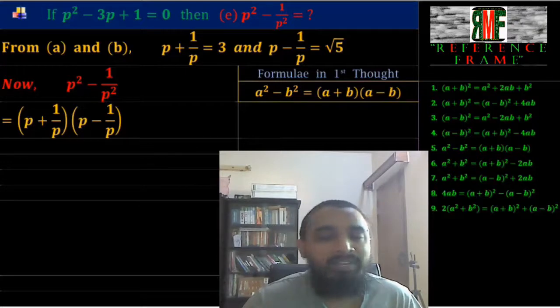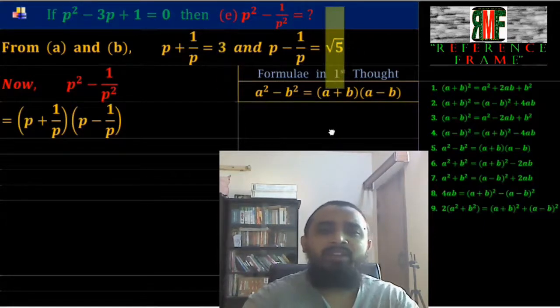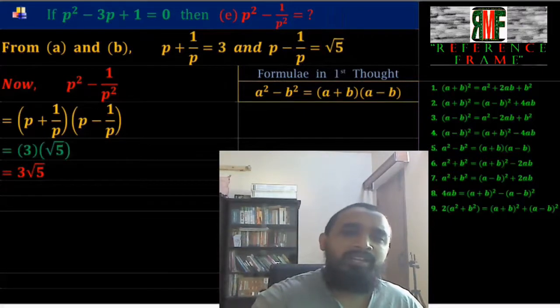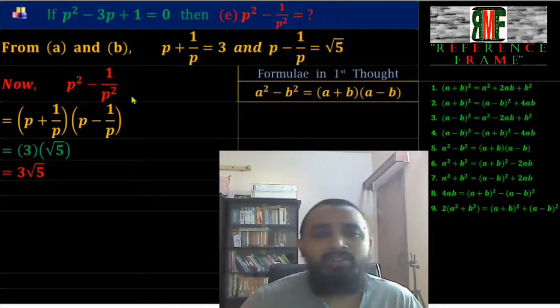Here we just put down the value of p plus 1 over p, which is 3, as we obtained from A, and the value of p minus 1 over p, which is root over 5. The value of p square minus 1 over p square equals 3 root over 5.